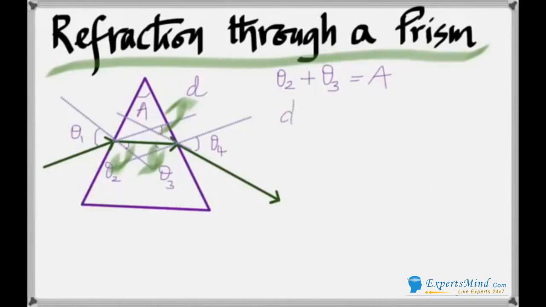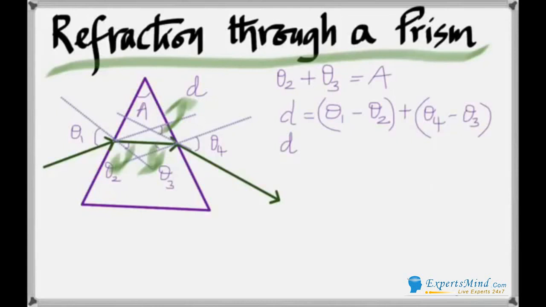Let's see what we get. Didn't I already say that D is theta 1 minus theta 2 plus theta 4 minus theta 3? Yes, I did. The exterior angle is equal to the sum of the opposite interior angles.